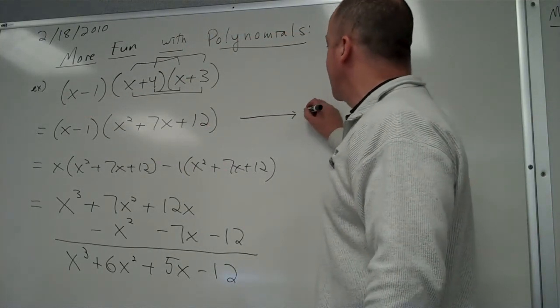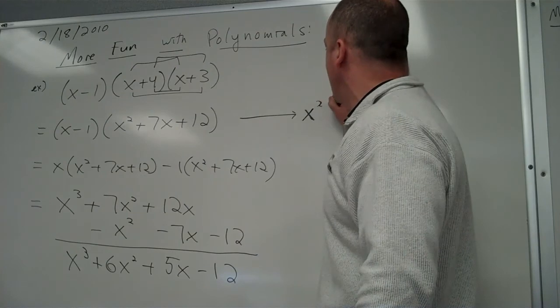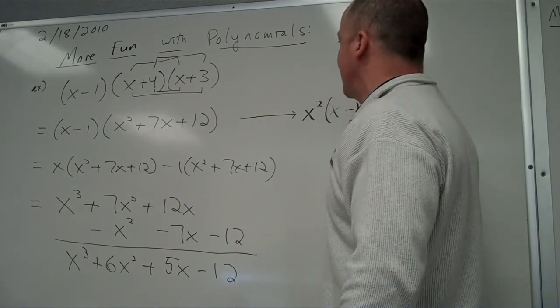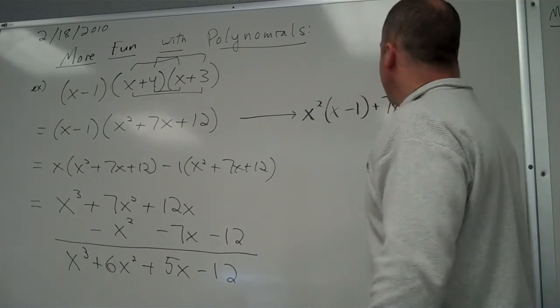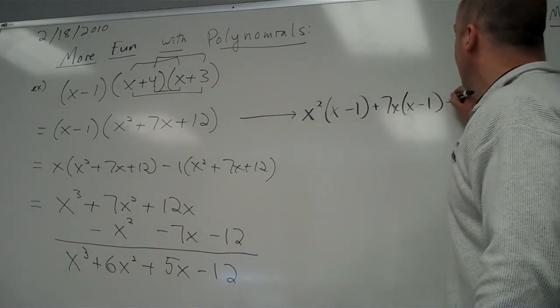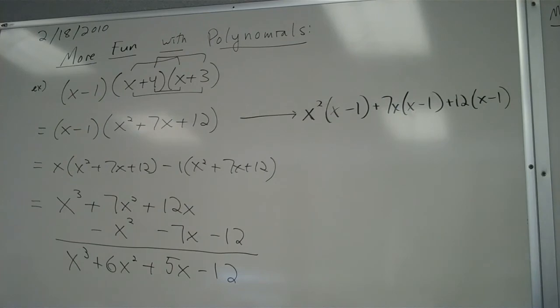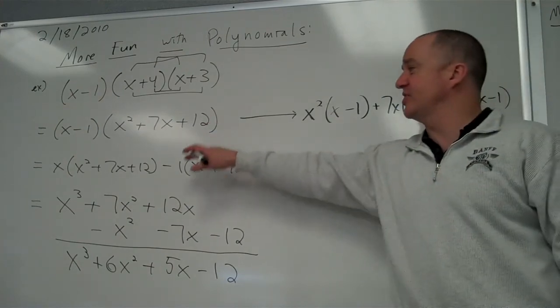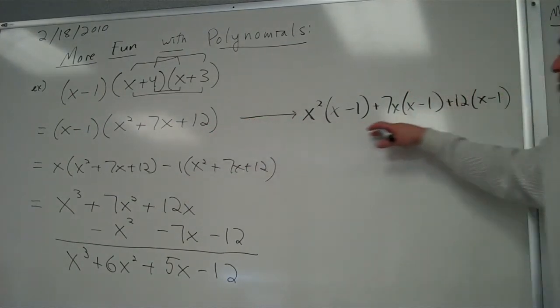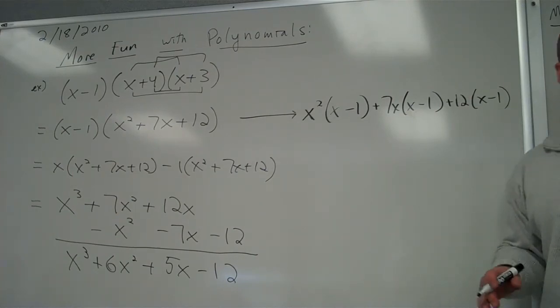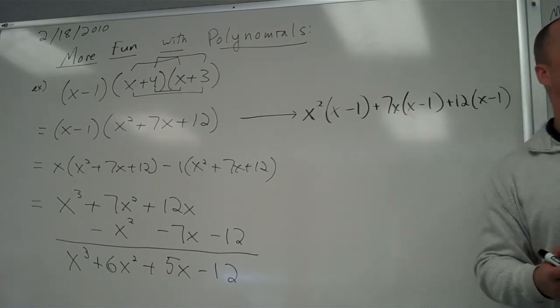In other words, I'd have gotten the same answer if I distributed this way: x squared times x minus 1, plus 7x times x minus 1, plus 12 times x minus 1. I also believe this is a little bit shorter, but if you prefer to do it this way, I just want you to know that is also correct and possible.